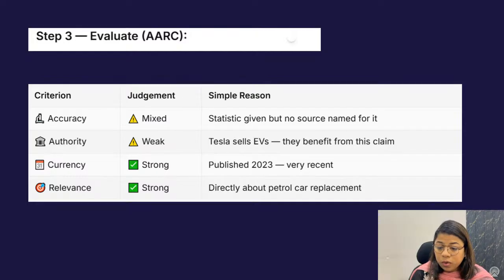Currency: in this case it was a previous paper question, but now in 2026 it is slightly weaker because it's three years down the line. Relevance is strong because it's directly about petrol car replacement.